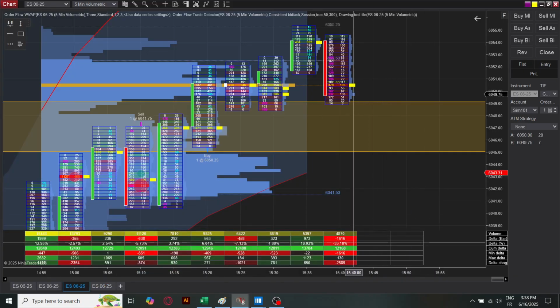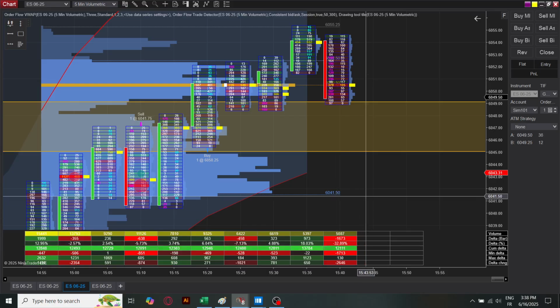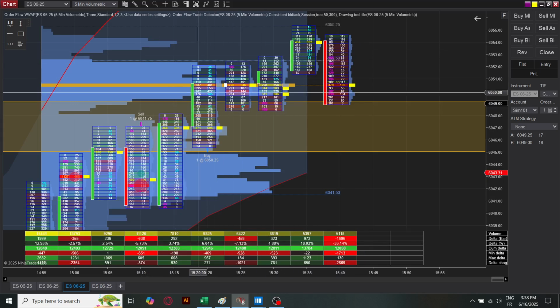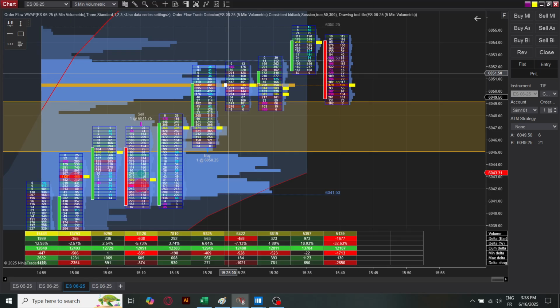Looks strong. Delta is close to minimum delta. Super negative change, minus 30% of delta, and we have this strong level because there is an accumulation at this level.